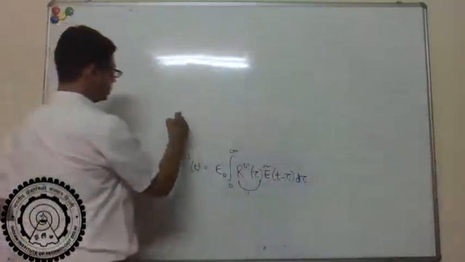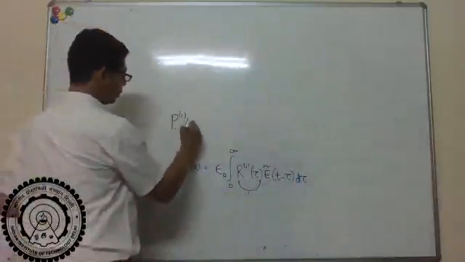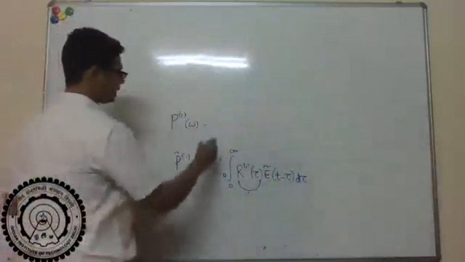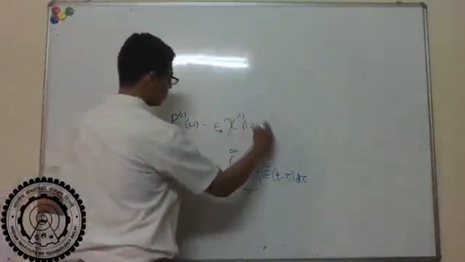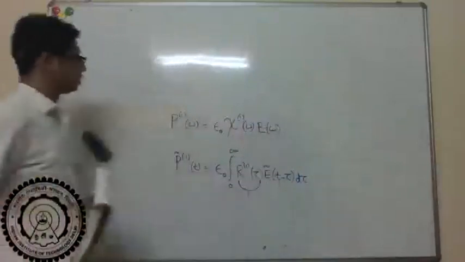So in the frequency domain, we wrote the polarization like this, times chi 1, right?